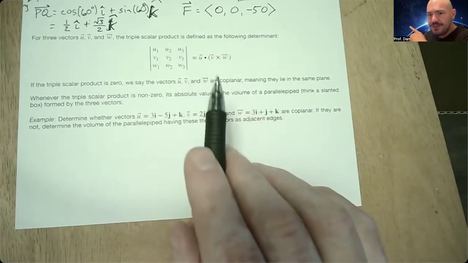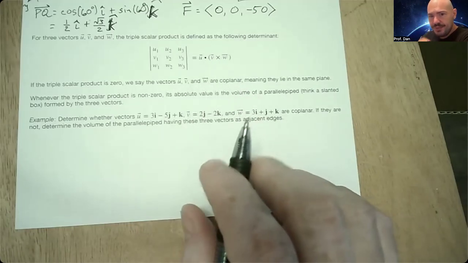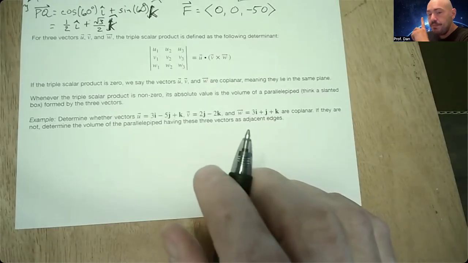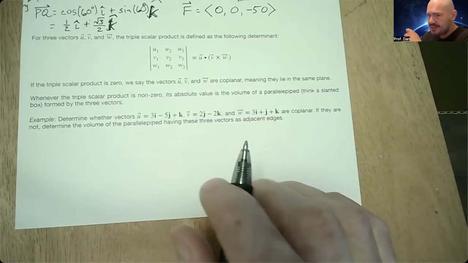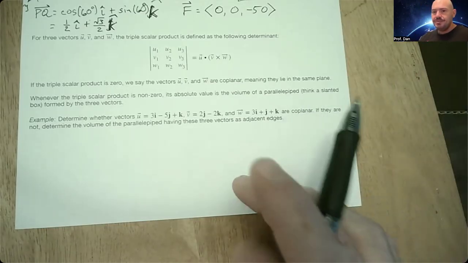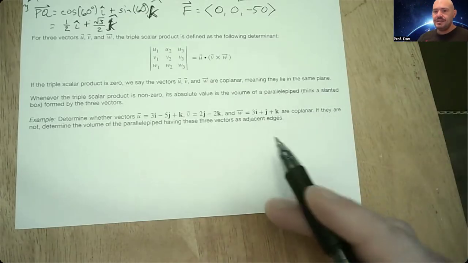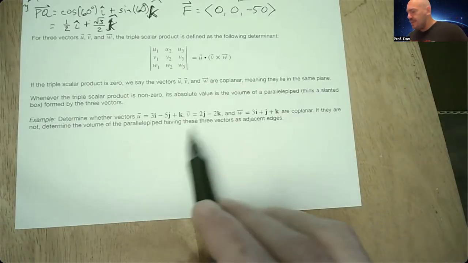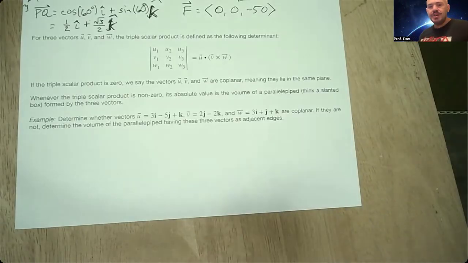If our triple scalar product is non-zero, then the vectors are not in the same plane. But it does actually give us a quantity that you typically are asked to find in a Calculus 3 class. Specifically, it gives you the volume of a parallelepiped with those three vectors making one of the corners. So you might be like, what in the world is this dude even saying?